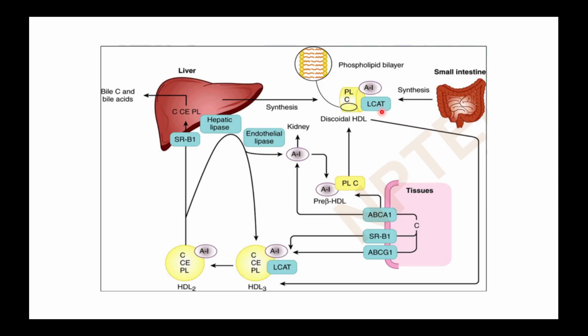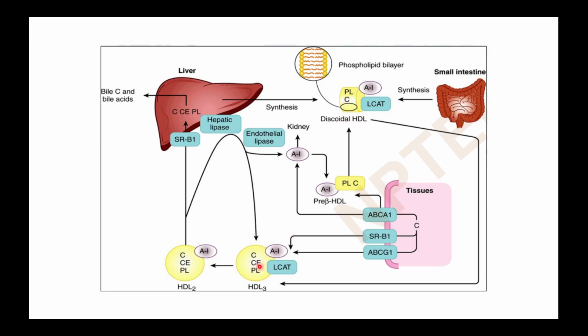LCAT is basically doing the conversion of cholesterol to cholesterol ester in the HDL so that nascent HDL can become mature HDL. When it has cholesterol, it is nascent HDL. When it becomes cholesterol ester, it is the mature HDL. So this part is clear: LCAT is the enzyme that converts cholesterol to cholesterol ester, making the nascent HDL into mature HDL.